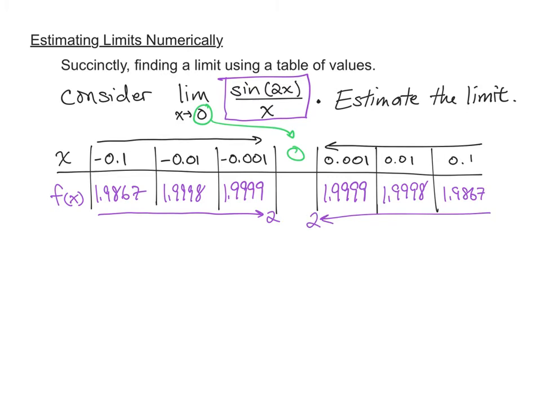So you can see that as the x values approach 0 from both sides, the y values also approach the same value, and that value ends up being 2. So we can write the limit as x approaches 0 of sine of 2x over x equals 2.